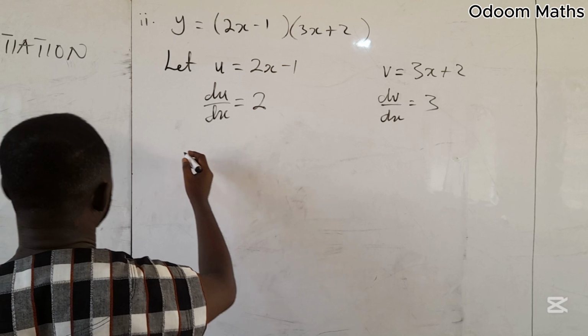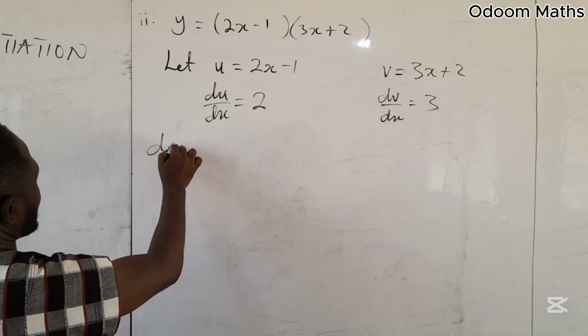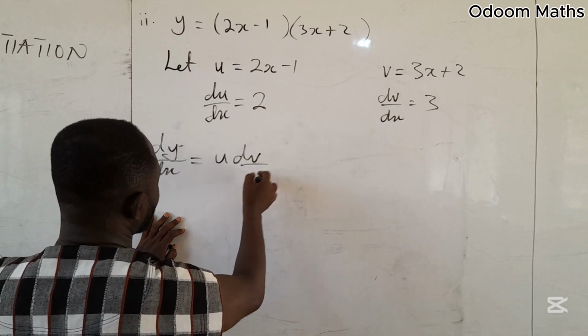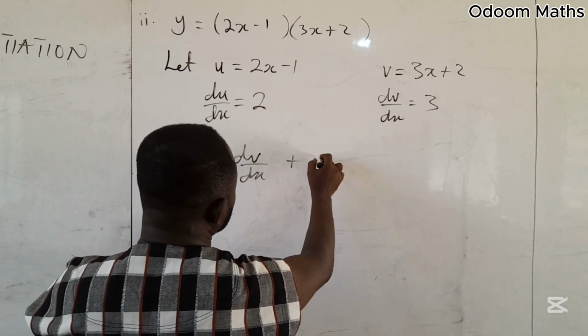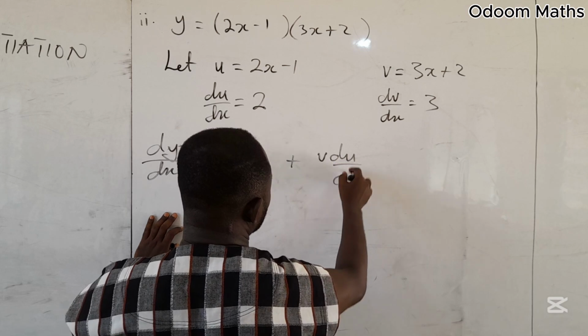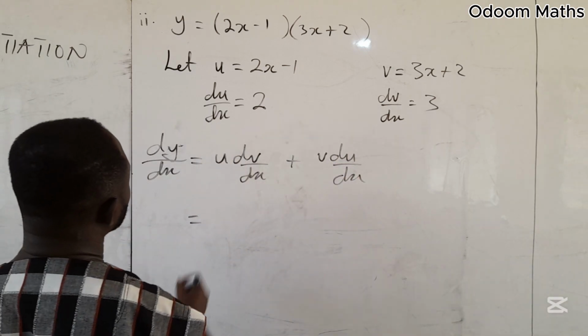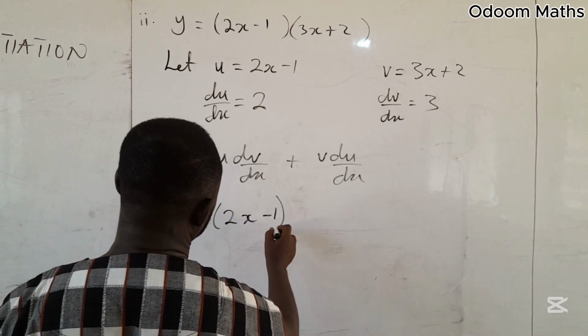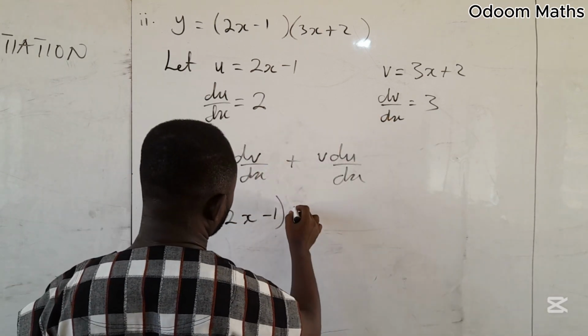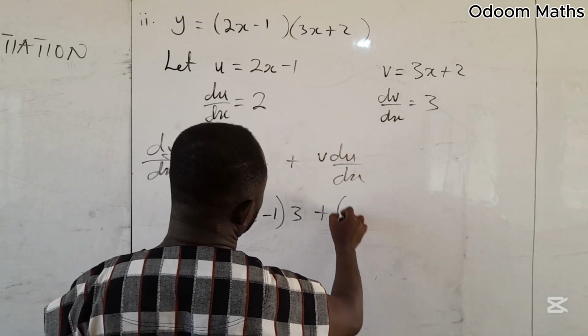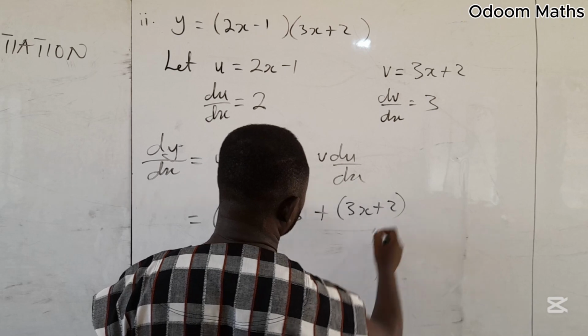So now my dy dx says that u dv dx plus v du dx. So my u is 2x minus 1. dv dx, I had 3, so times 3. Plus v is 3x plus 2.